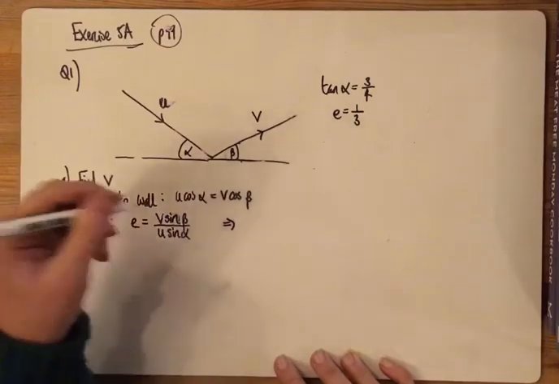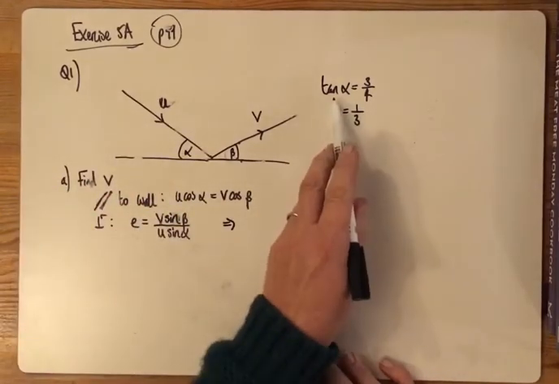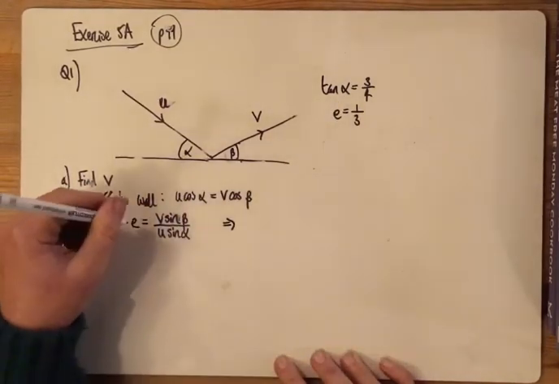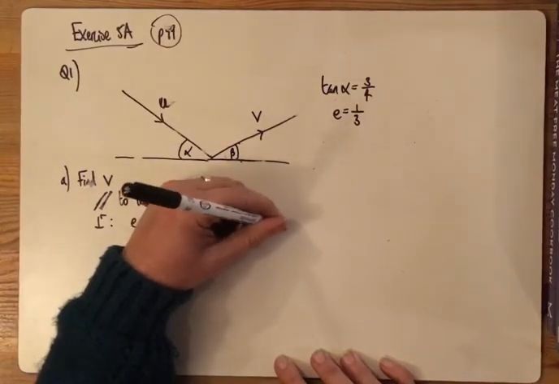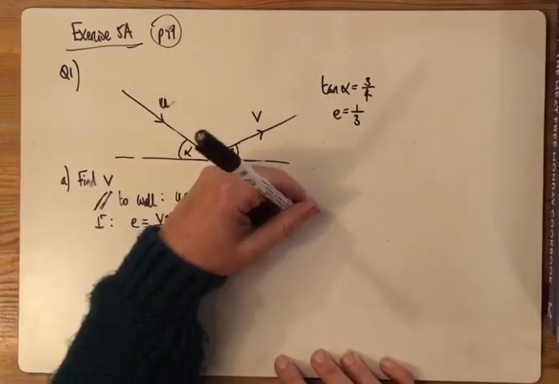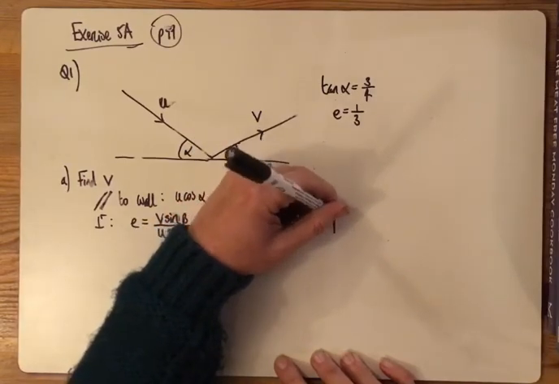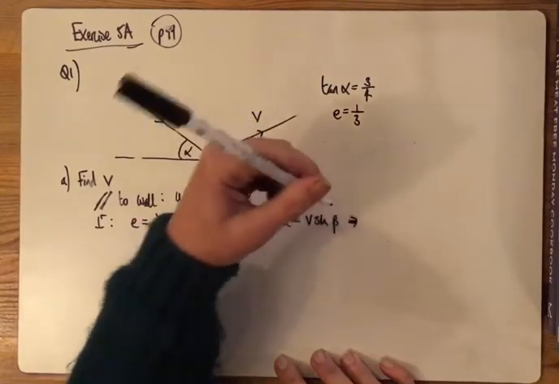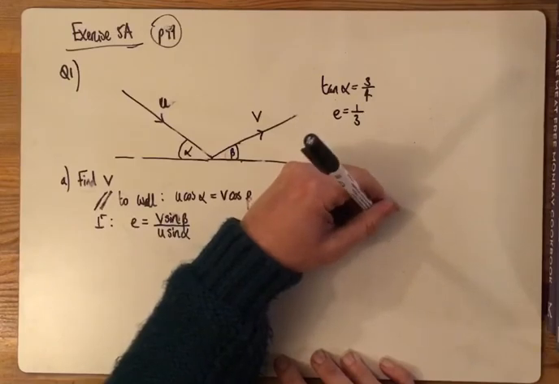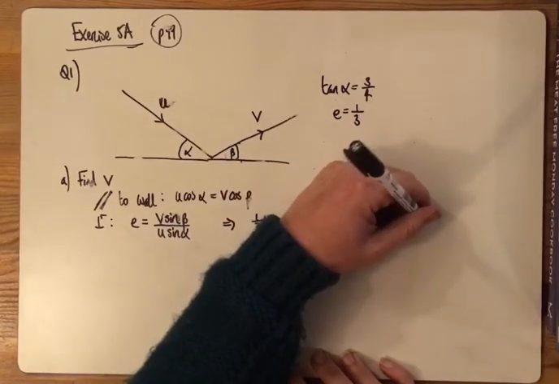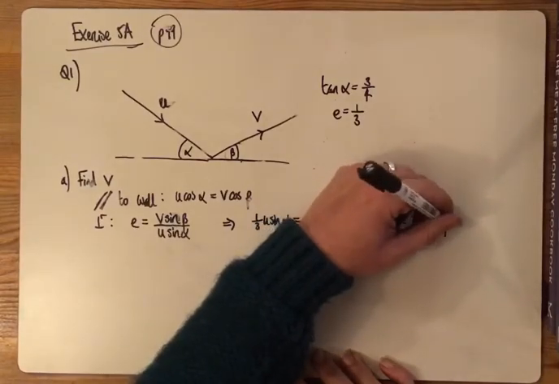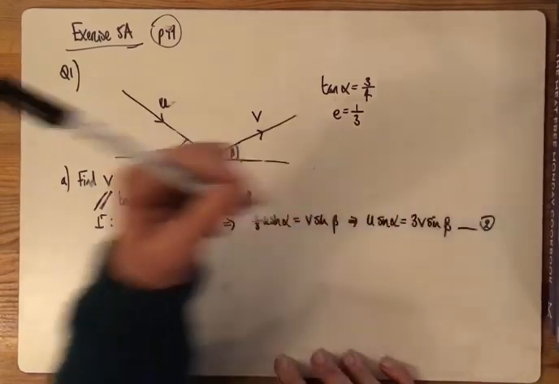Bringing that up, because I need to get to this tan alpha equals 3/4. e is 1/3, so 1/3 u sine alpha equals v sine beta, and I would personally multiply that through by 3, so that we have two simultaneous equations.